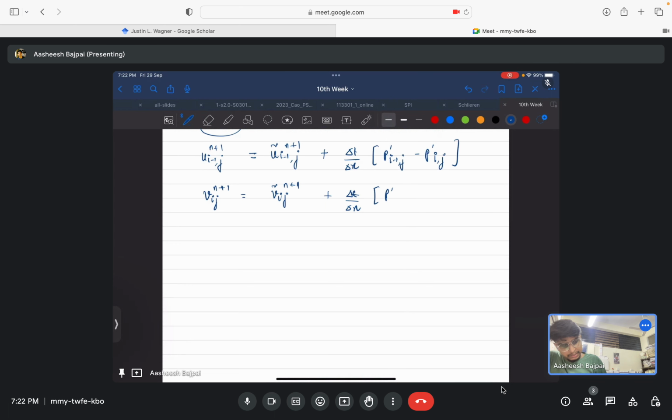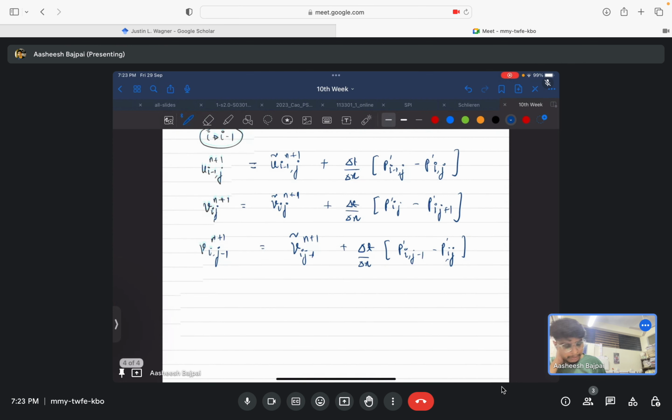So this p dash i comma j minus p dash i comma j plus 1, and then v i j minus 1 at n plus 1, and v tilde i j minus 1 at n plus 1 plus delta t by delta x p dash i j minus 1 minus p dash i j. These four equations will come in picture now.